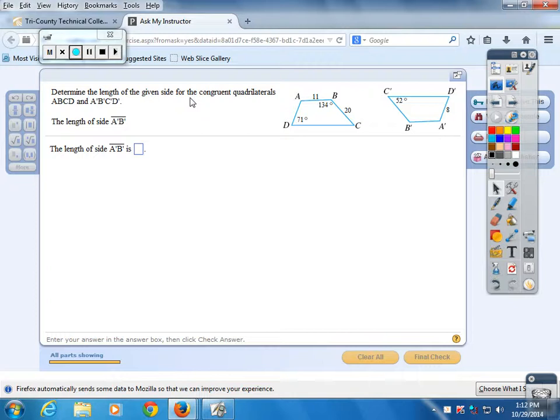Determine the lengths of the given side for the congruent quadrilateral ABCD and A prime, B prime, C prime, D prime. In other words, turn this over, flip it over, because this one is the same as this one. It looks like to me, these are similar sides, similar triangles. And that's what you're going to call them, similar shapes.